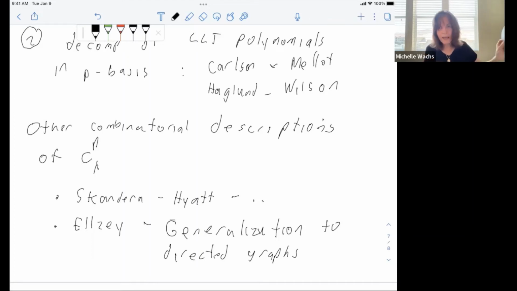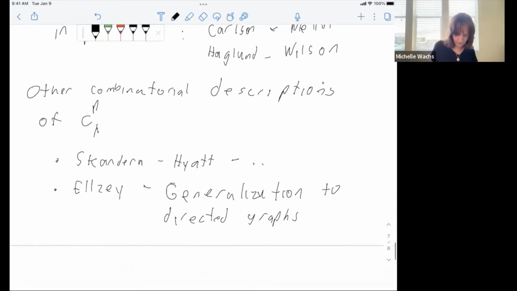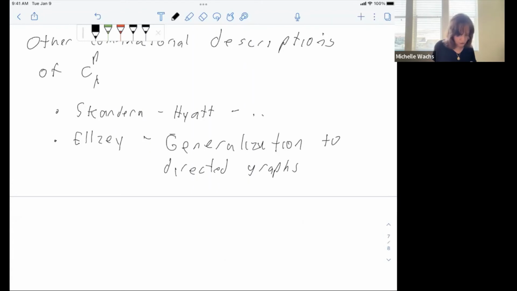Okay, but now I just want to talk about, I don't know if I'll finish, the theorem, our decomposition in the fundamental basis that we just used in the proof of the decomposition in the P basis. So this is the result I just talked about, that Chow did the T equals 1 case.